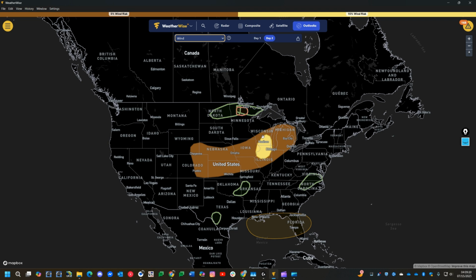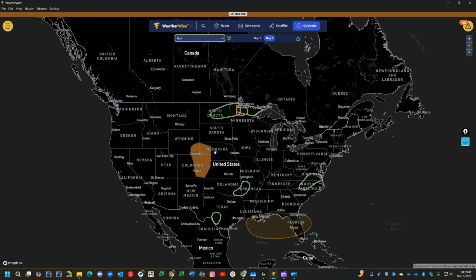Wind, slight risk, 10%, 5%. And wind is a chance of 15 knot or greater winds with 10% or 5% chance of 15 knot or greater winds within 25 miles of a point. Hail is a bigger threat out on the front range of the Rockies, which is not uncommon.